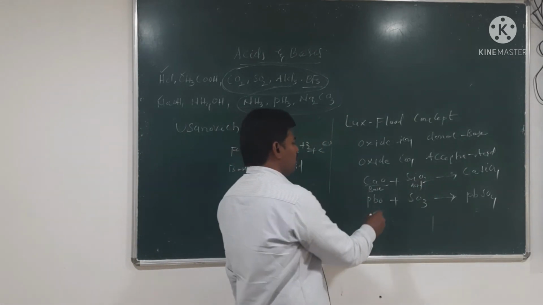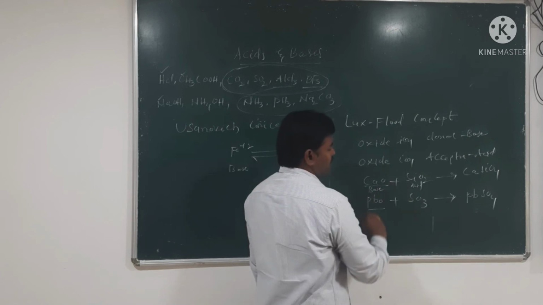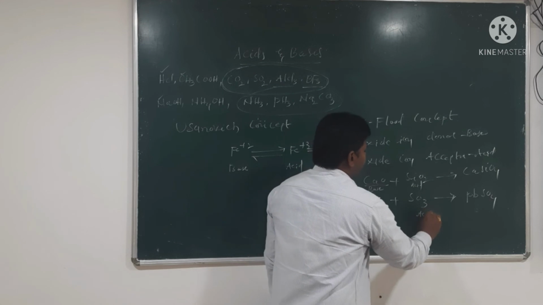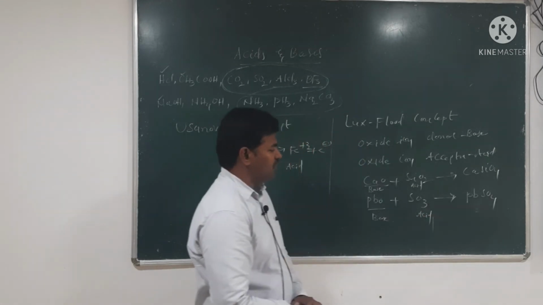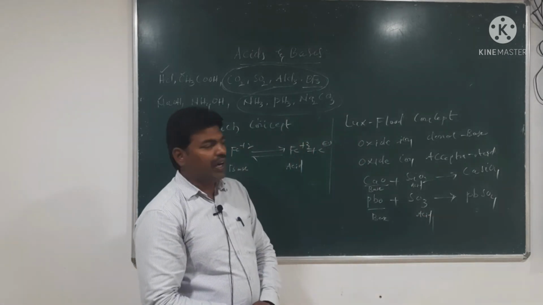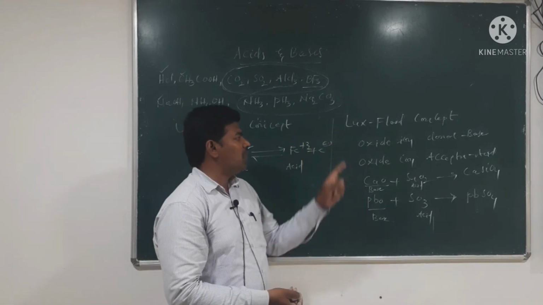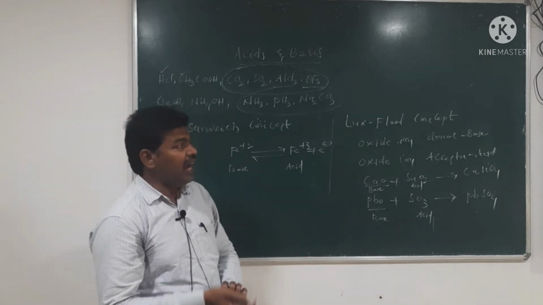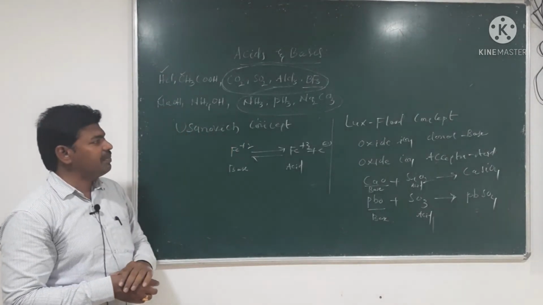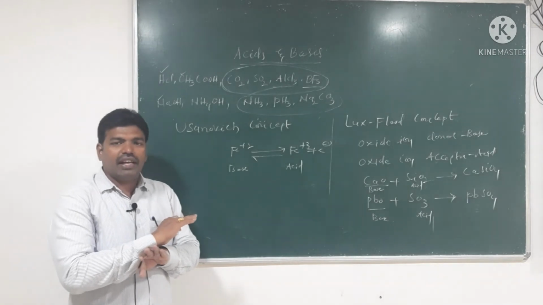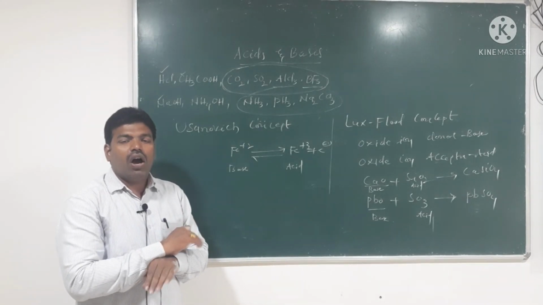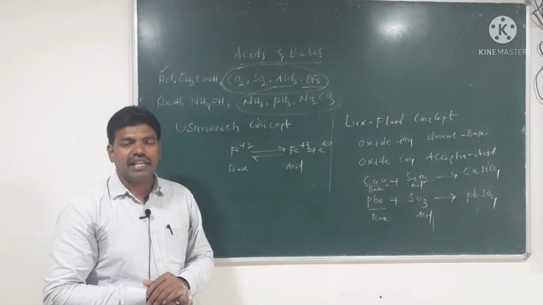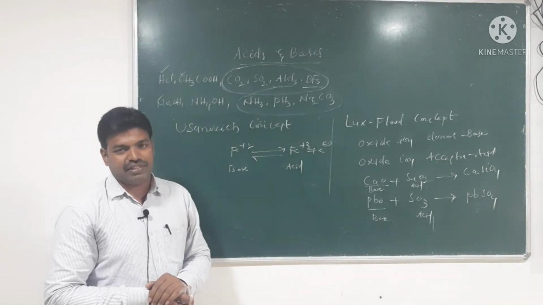And PbO donates oxide ion to SO3 and forms PbSO4. So PbO is a base and SO3 is an acid. According to the Lux-Flood concept, oxide ion donor is base and oxide ion acceptor is acid. And according to the Sanovich concept, we can simply remember that all oxidizing agents are Sanovich acids, all reducing agents are Sanovich bases.